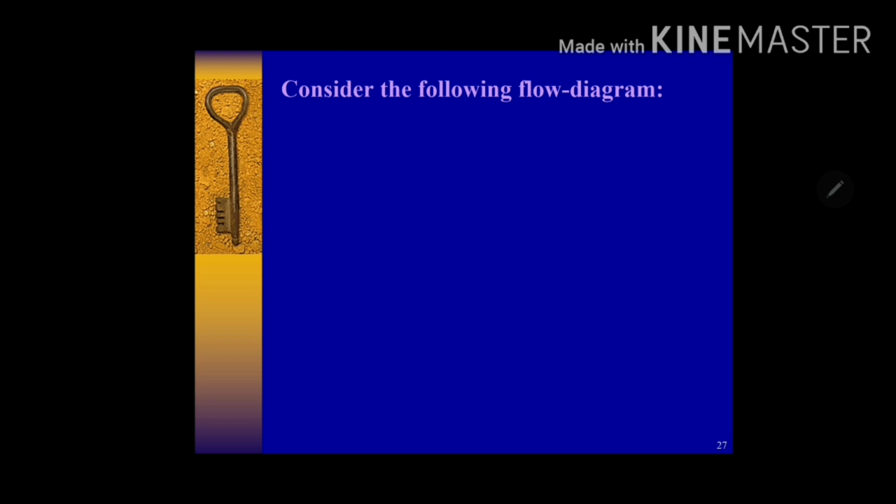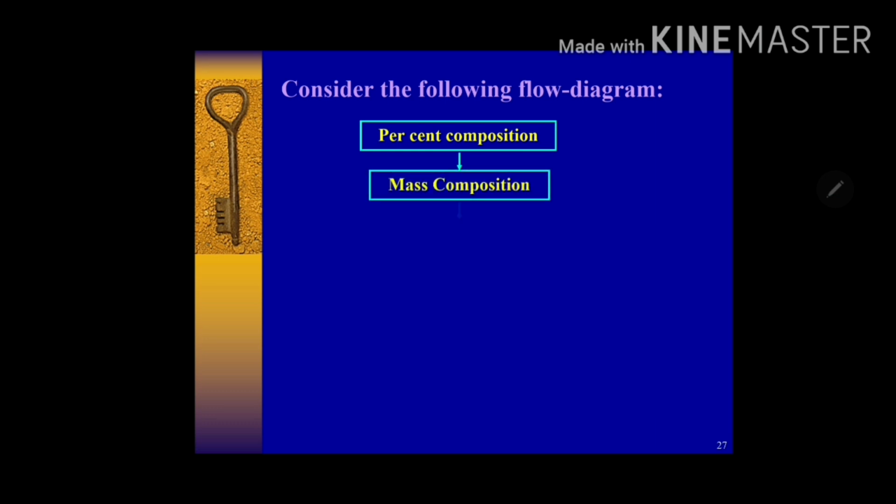Okay, look at this flow diagram. From percent composition, you can relate to mass composition. You can find the mass composition, and then from mass composition you can find the number of moles of each element.